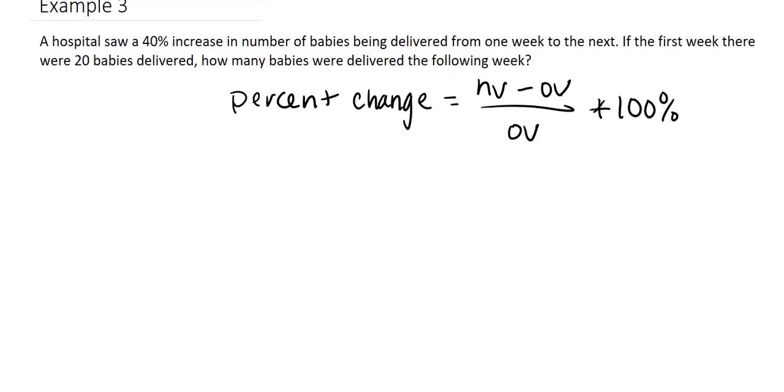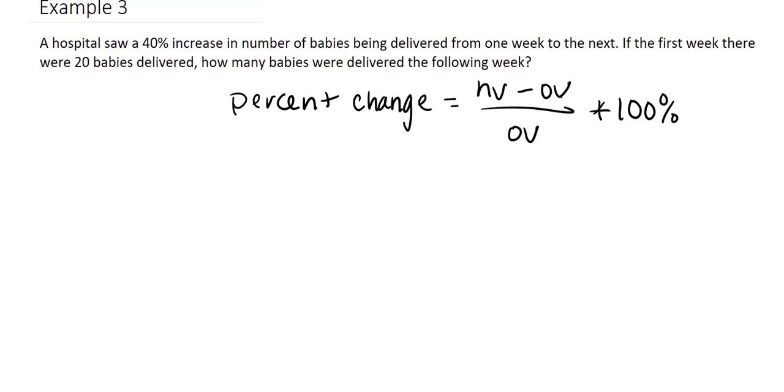So if we look at this, we actually have the 40% increase. We actually have the percent change. Then we have in the first week, so that would indicate to us that that would be the old value. So that looks like we're looking for our new value.